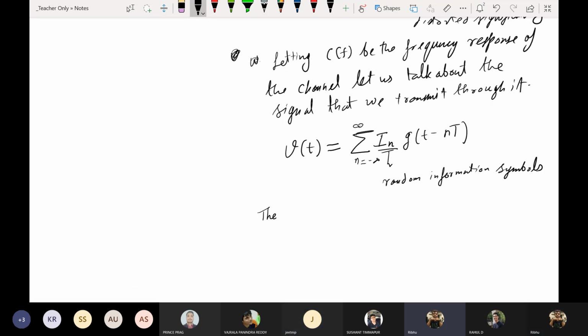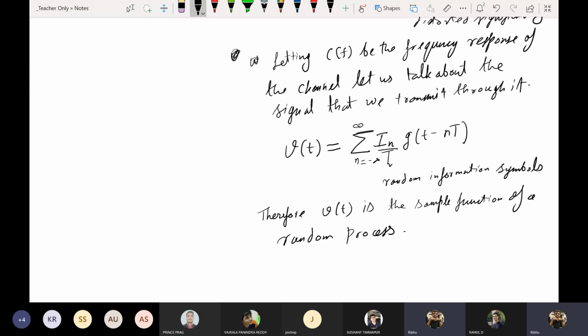Therefore, v(t) is the sample function of a random process. Fine.